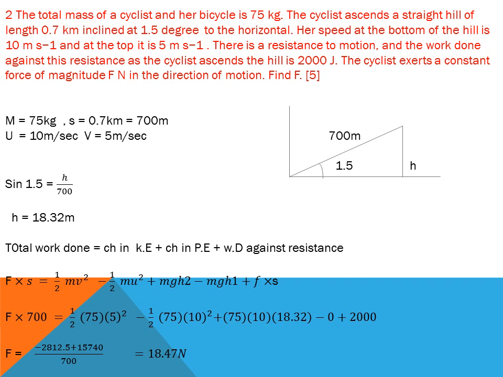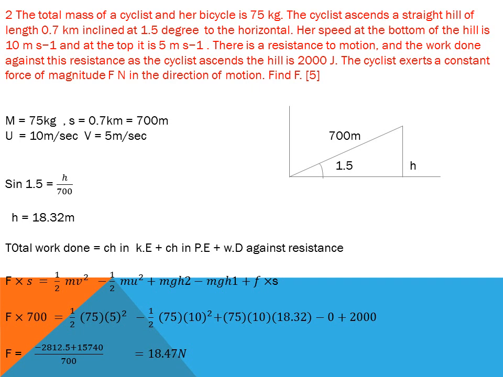Again, I apply the formula. Total work done is equal to change in kinetic energy plus change in potential energy plus work done against resistance. Because the body is moving and also covering a distance in the upward direction, there is a change of potential energy as well as a change of kinetic energy, and some work is done against resistance, which is fixed at 2000 joules.